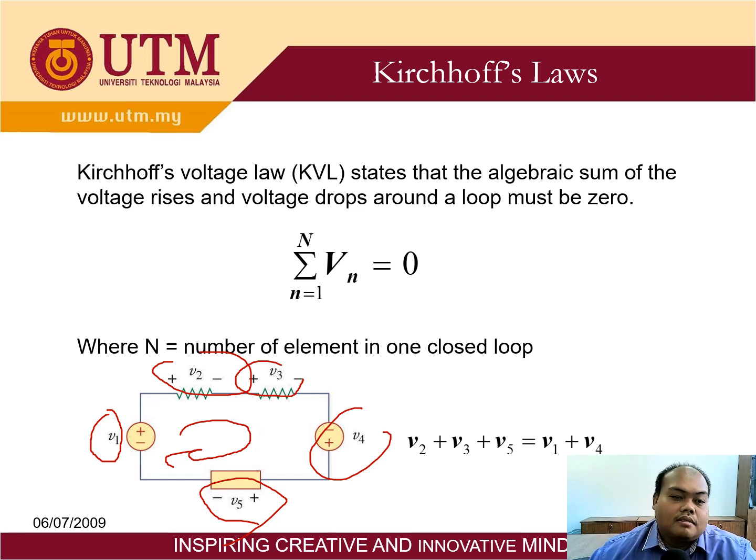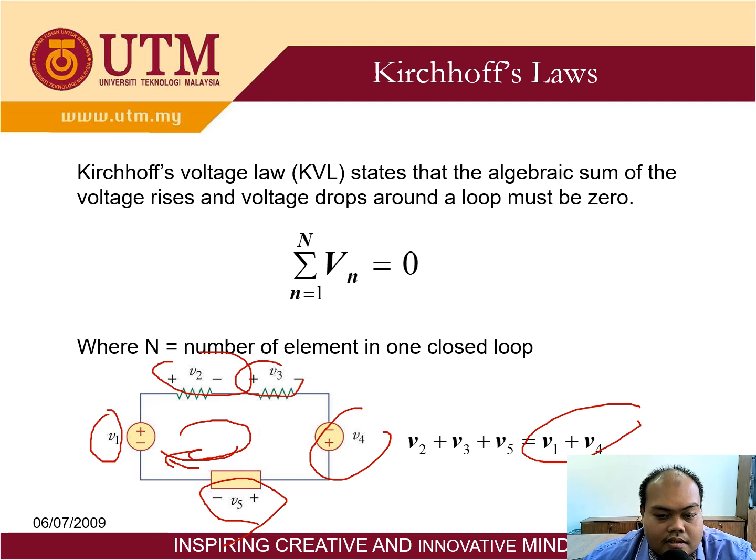Don't forget, when you make a loop here, if you meet negative, you have to put negative. If you meet positive, you have to place as positive. So V1 and V4 meet at negatives, so they are put here, and this one meets at positive.